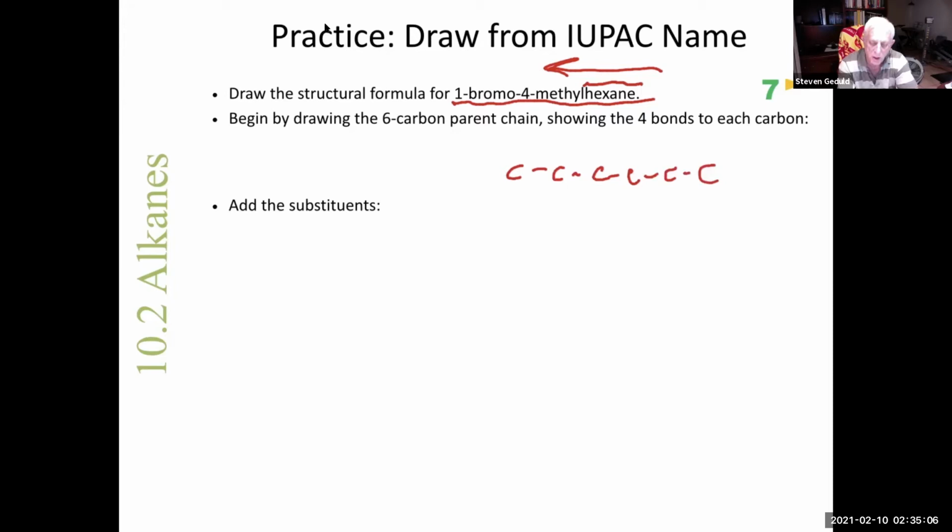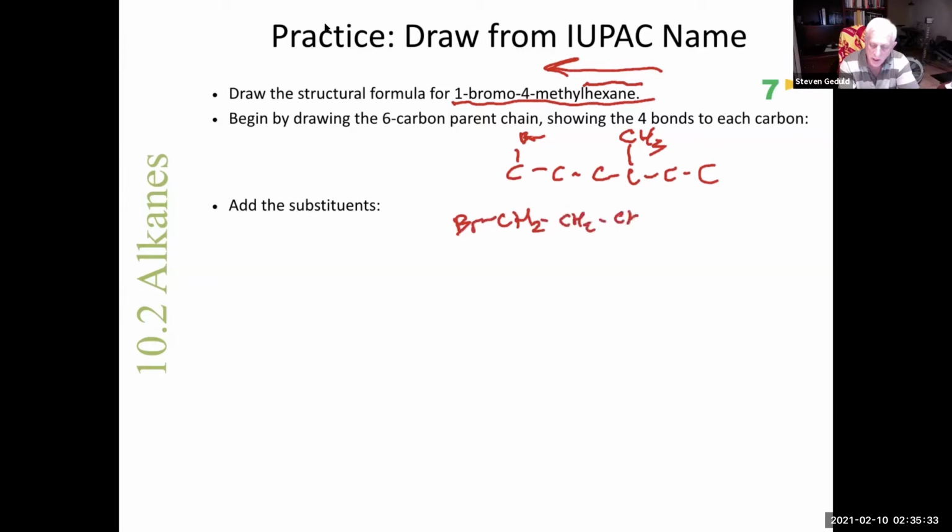So let's just make 1, 2, 3, 4. We'll put a methyl group. Methyl is 1 carbon. And at number 1, we're going to put a bromo group. Bromo is bromine, so Br. That's it. Then fill in hydrogens everywhere else. So we got CH2, and we can put Br out here as an attachment. That's fine.